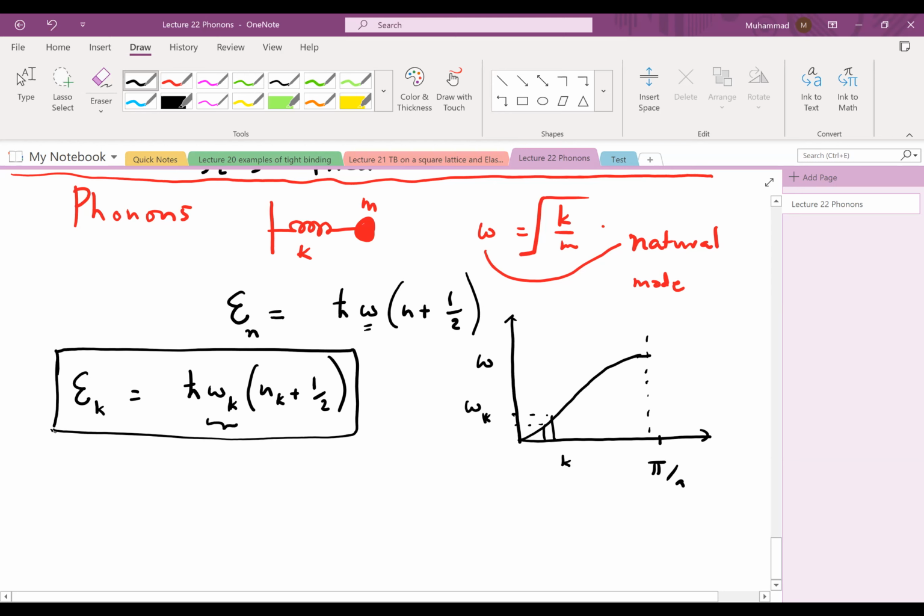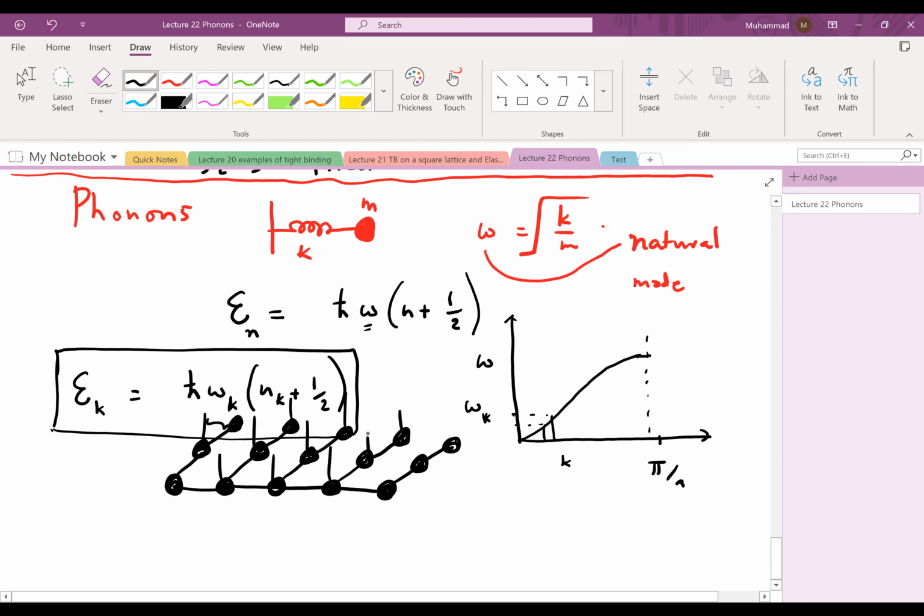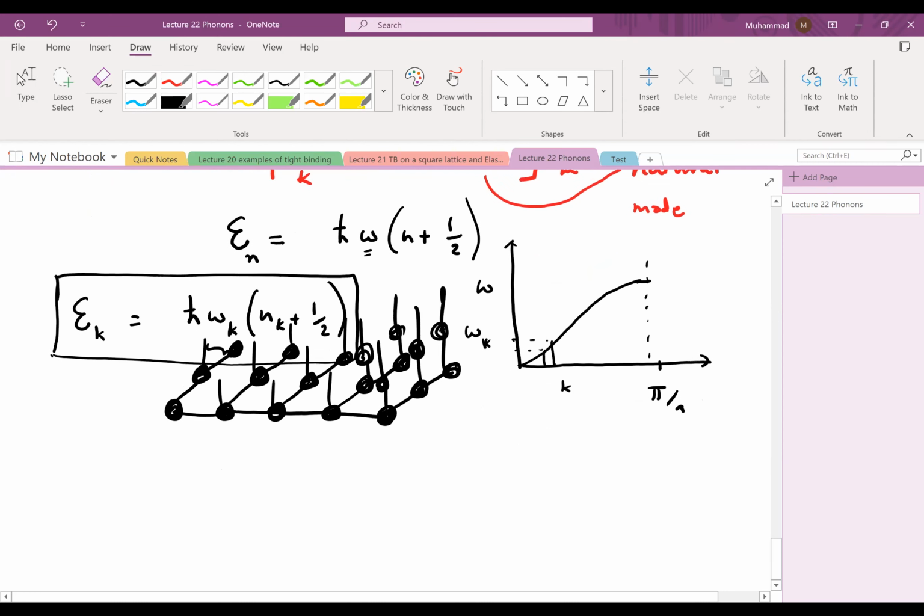Now, if I have multiple atoms inside my solid, which can now, of course, be three-dimensional, in this solid I would need to define what is a normal mode.